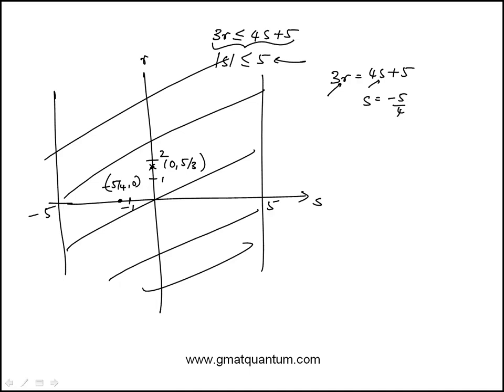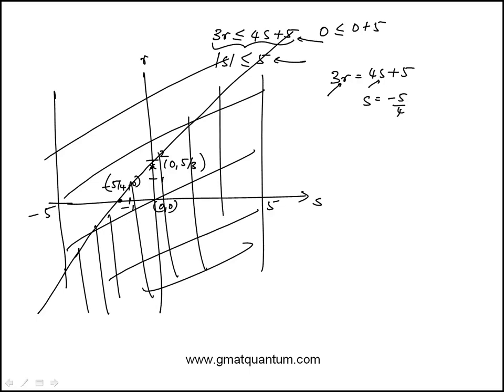So that line would look something like this, and if we use the origin (0, 0) as a test point, is 0 less than or equal to 0 plus 5? Yes, which means it does fall on the side where this inequality is, so that would be this region. So that's the common region here.